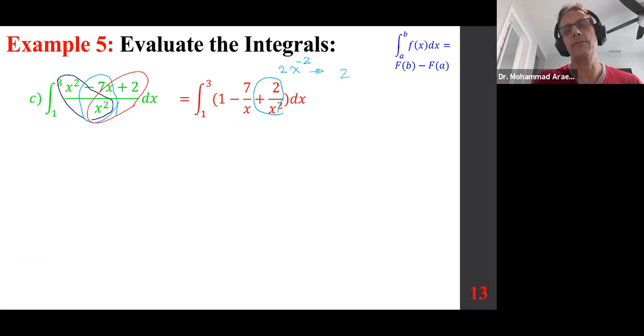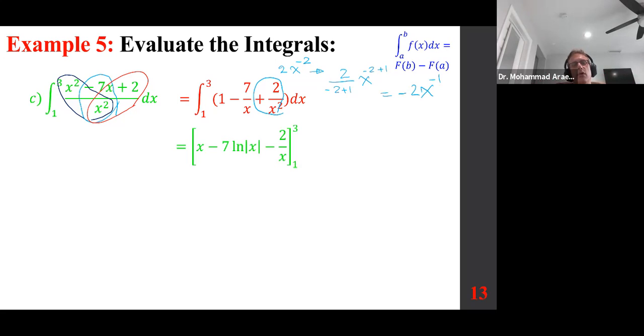So 2 divided by negative 2 plus 1, x to the power of negative 2 plus 1. The numerator is 2, the bottom is negative 1, so negative 2x to the power of negative 1, and we ended up with the following.